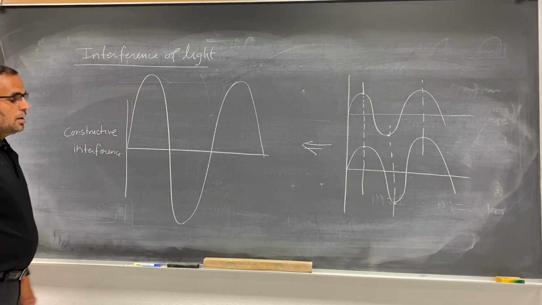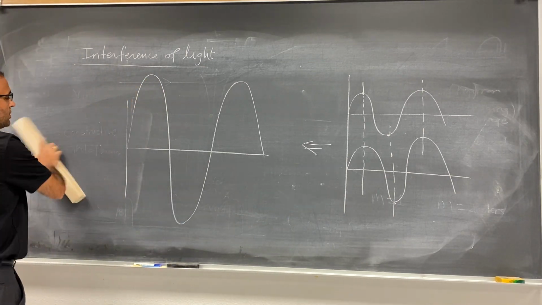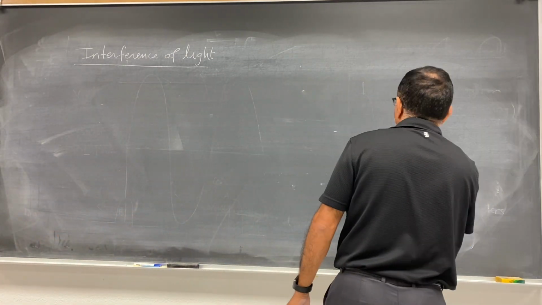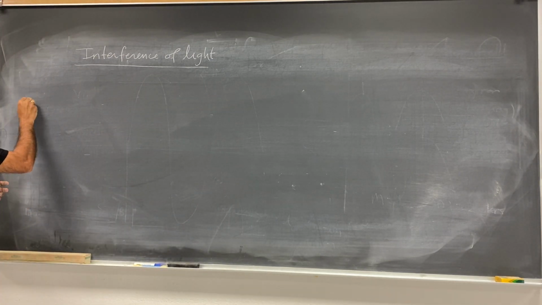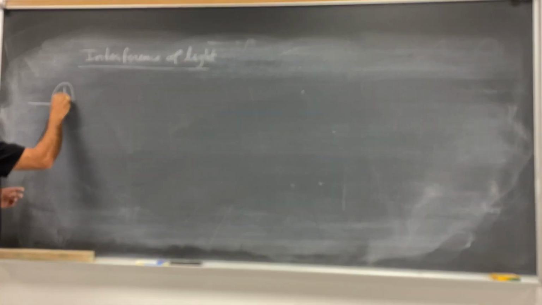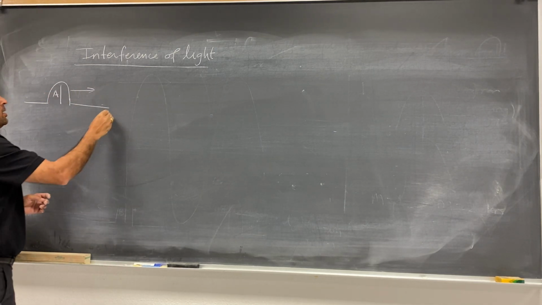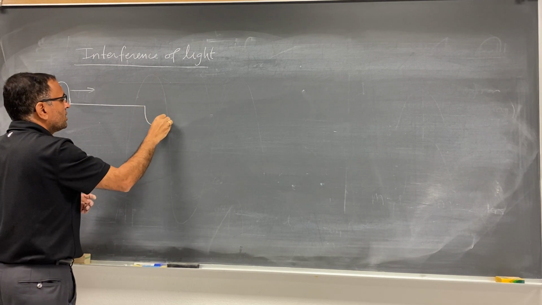Okay. And another one is destructive interference. What happens? Let us see. There are two types, constructive and destructive. Let us suppose this is wave A, moving in this direction, and you have another one.